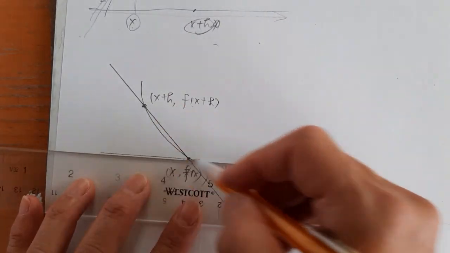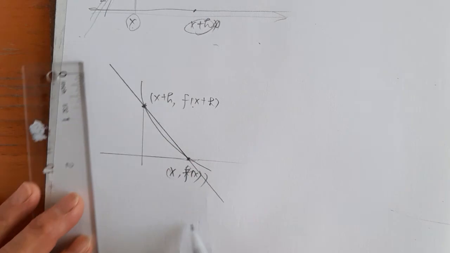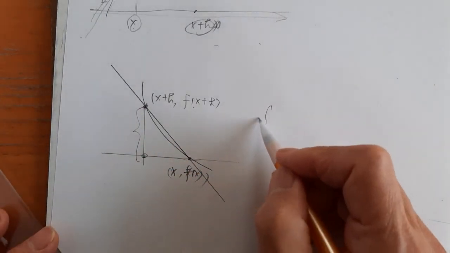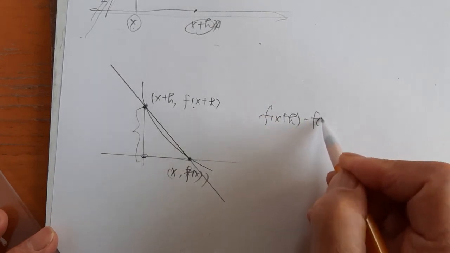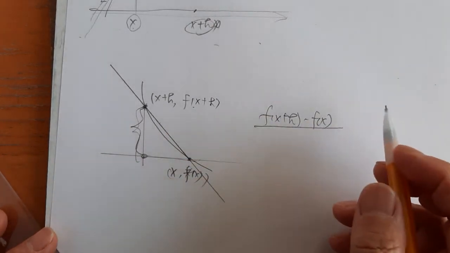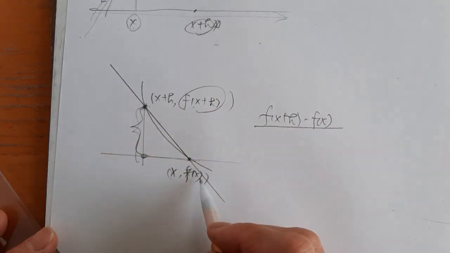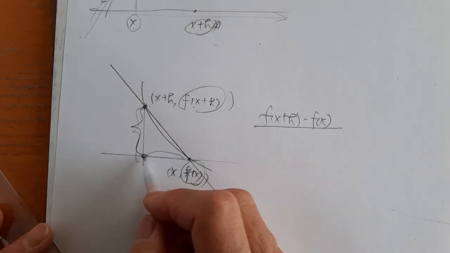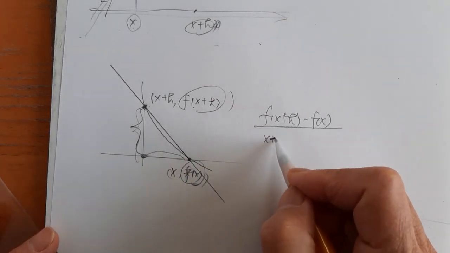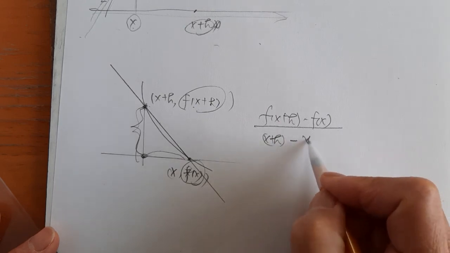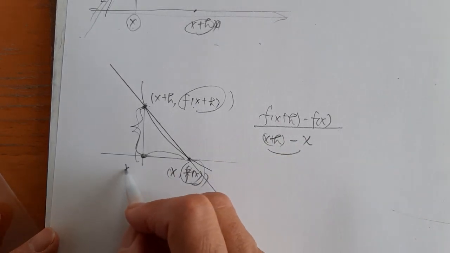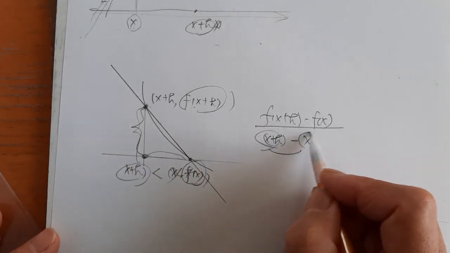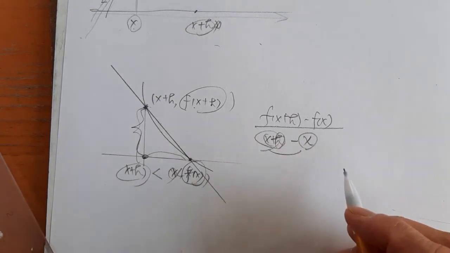Then if you do the subtraction, here f of x plus h minus f of x is positive because this is higher than this. And then x plus h minus x: since this point is less than x, h is negative.